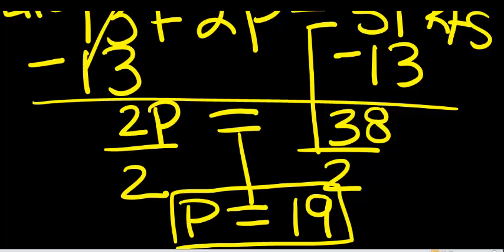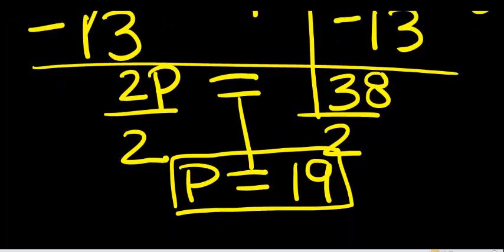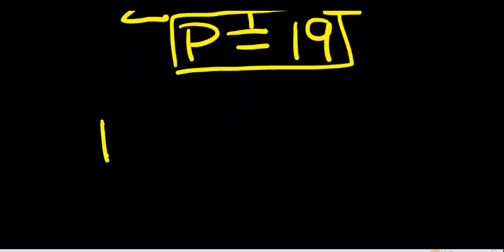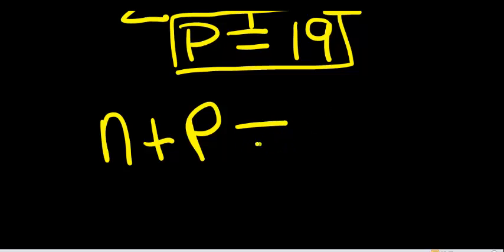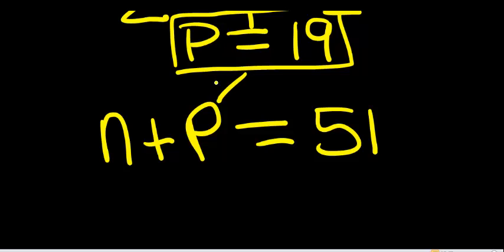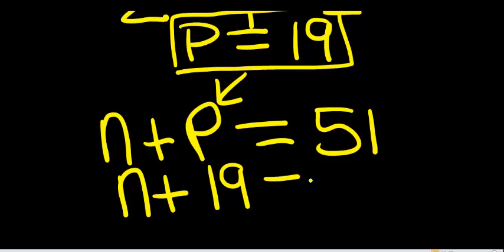Am I done? No, that's just one of my letters. The other one, how do I figure out what n is? Well, it told me in the beginning that the sum of two numbers equaled 51. So now I'm going to substitute the value of p in here. I have n plus 19 is equal to 51.